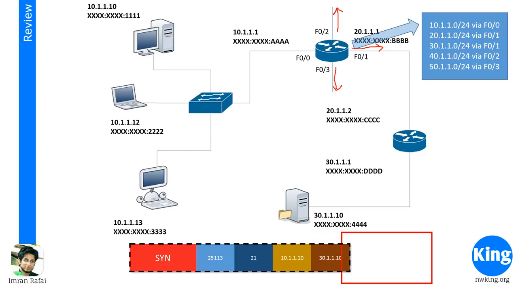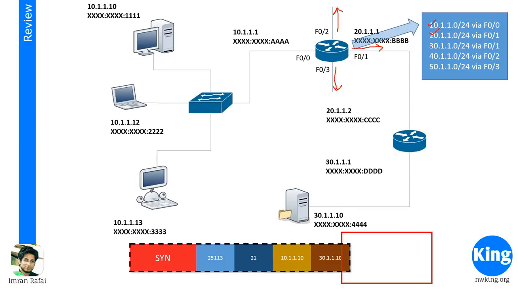Similarly, the F0/1 is configured with the IP address 20.1.1.1, right? So that means F0/1 is part of the 20.1.1.0/24 network. So these two networks, the 10.1.1.0 and 20.1.1.0 network, this device definitely has to know because it is directly connected to it, right? So this information and this information is default.